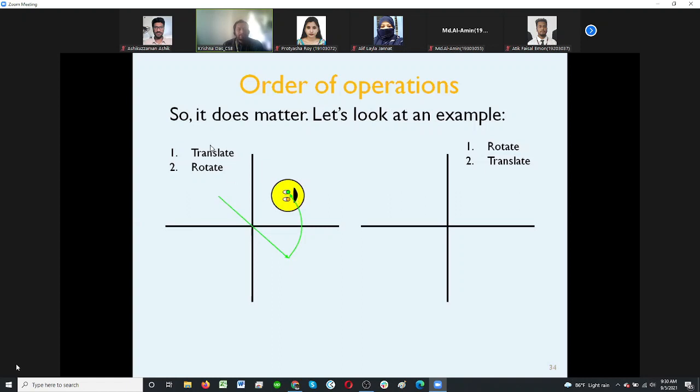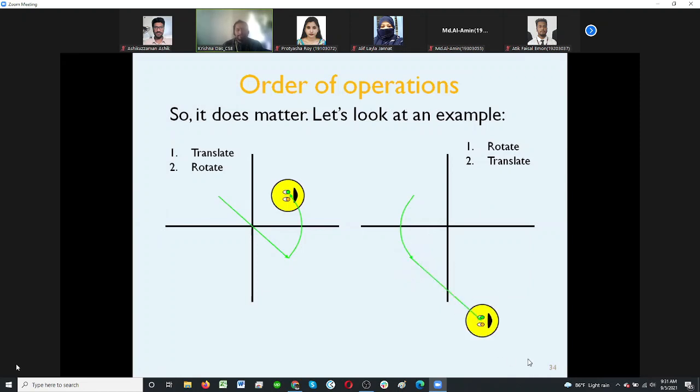Okay, so first I did 5 units of translation for the x and y coordinates, and then a 60-degree rotation, and we found the object in here. Now the object started from the same position as earlier. I apply the 60-degree rotation, so the object is in here, then I apply the same translation, and the object goes in here.